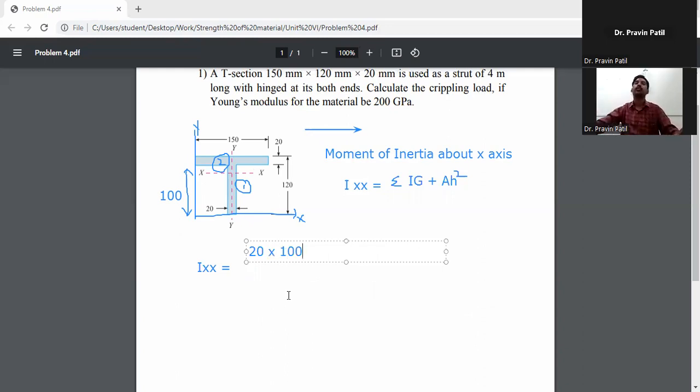So 20 into 100 cube divided by 12, plus Ig, area 100 into 20, which will be 2000, into h square, where h is y bar minus y1.